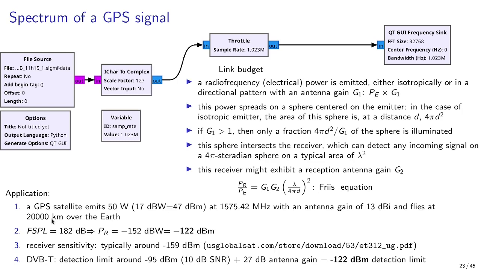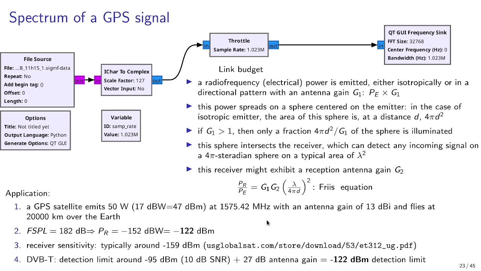So the 20,000 kilometers, which must be converted to meters, is this quantity here, so that we find that the free space propagation loss is 182 dB with respect to the 47 dBm plus 13 dBi, or 60 dBm on the ground, so that 60 minus 182 ends up being minus 122 dBm received power. This result is consistent with regulations of GPS that state that on the ground a minimum power of minus 130 dBm must be received.